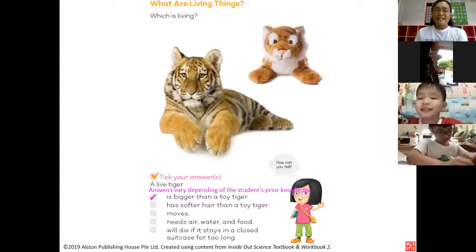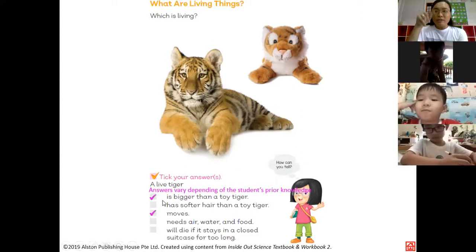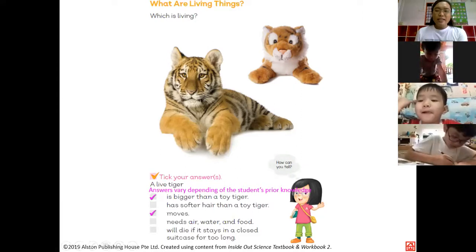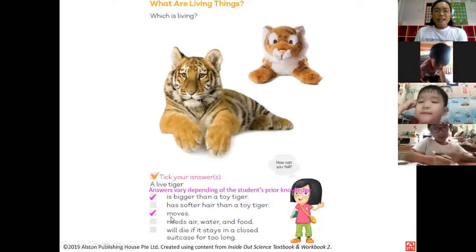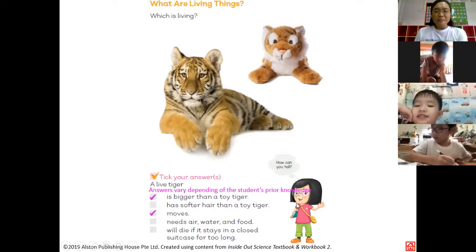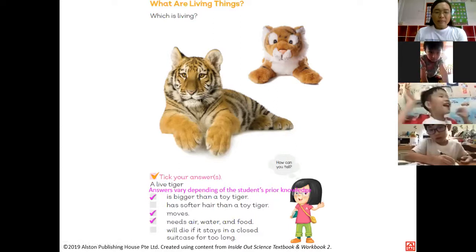Yes, so you have to tick the box. Next, a live tiger needs air, water, and food. Yes, so you have to tick that line, okay?